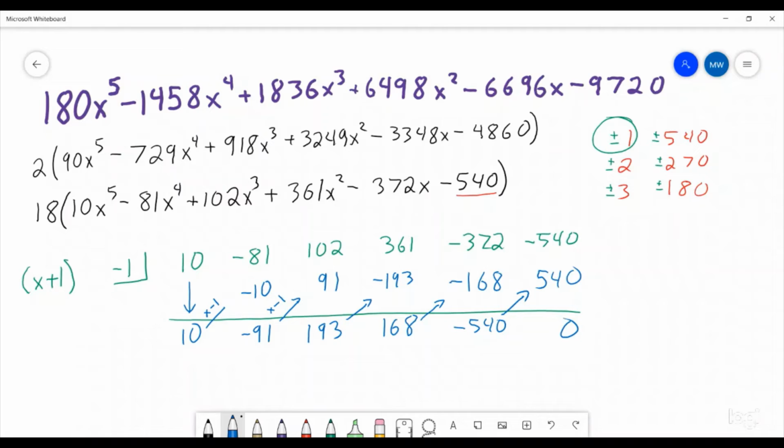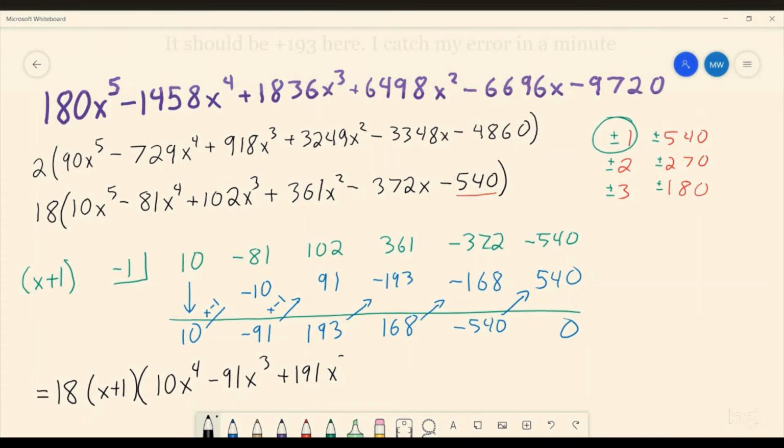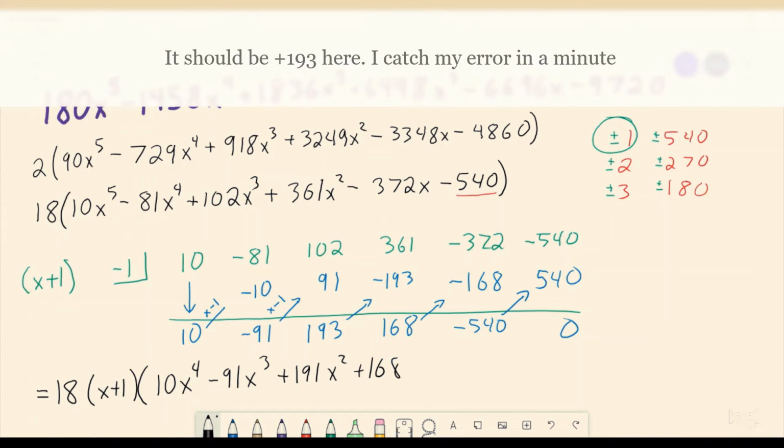And what we have successfully done is pulled out an x plus 1, which means that this polynomial up there is now equal to x plus 1 times this stuff: 10x to the 4th minus 91x cubed plus 191x squared plus 168x minus 540.